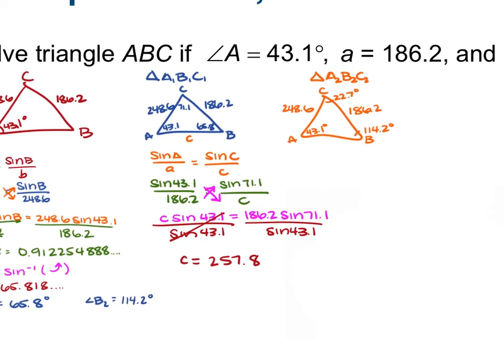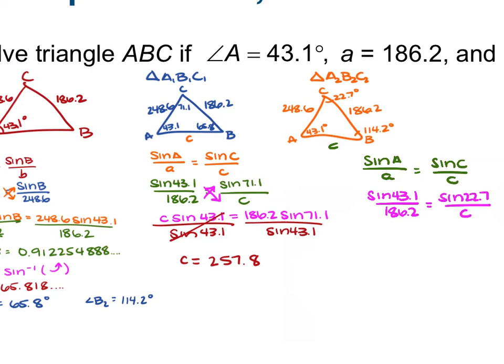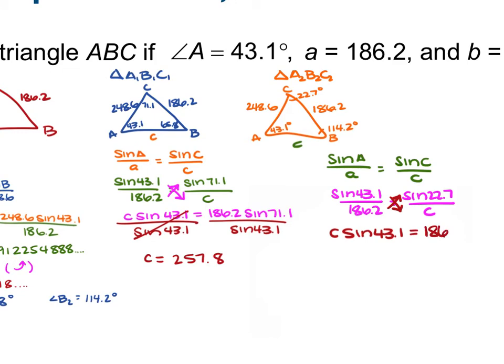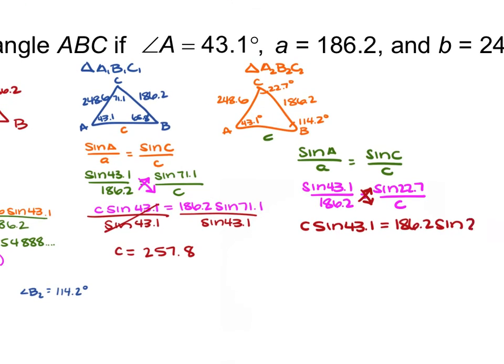For triangle A2, B2, C2, we still have to find the side length C. So we're going to do sine A over A is equal to sine C over C. So this is going to give us sine 43.1 over 186.2 is equal to sine 22.7 over C. From here, cross multiply, so we get C sine 43.1 is equal to 186.2 sine 22.7.